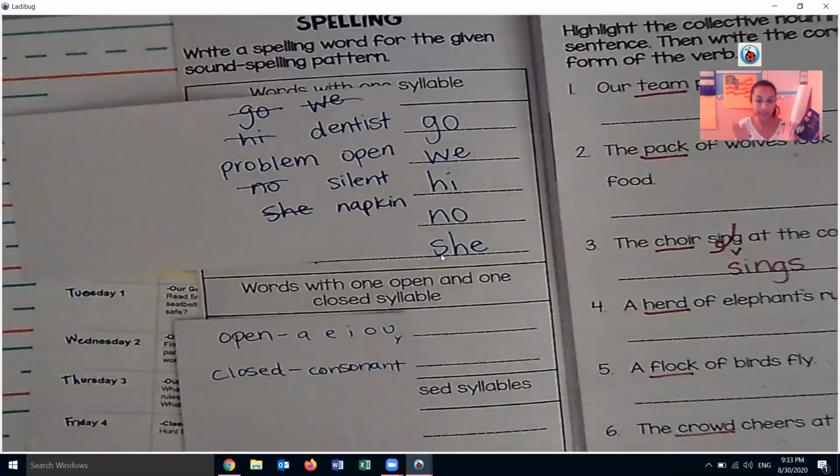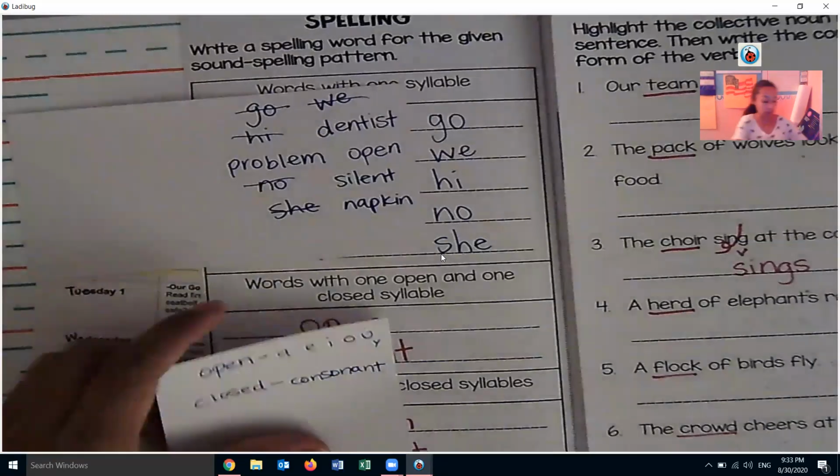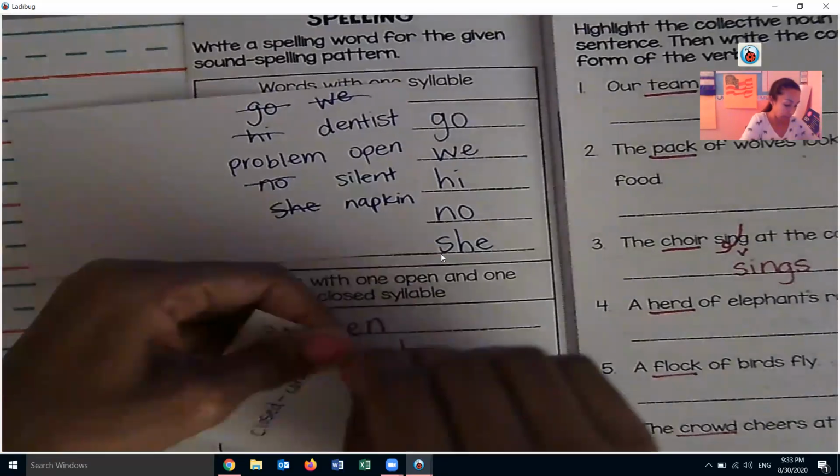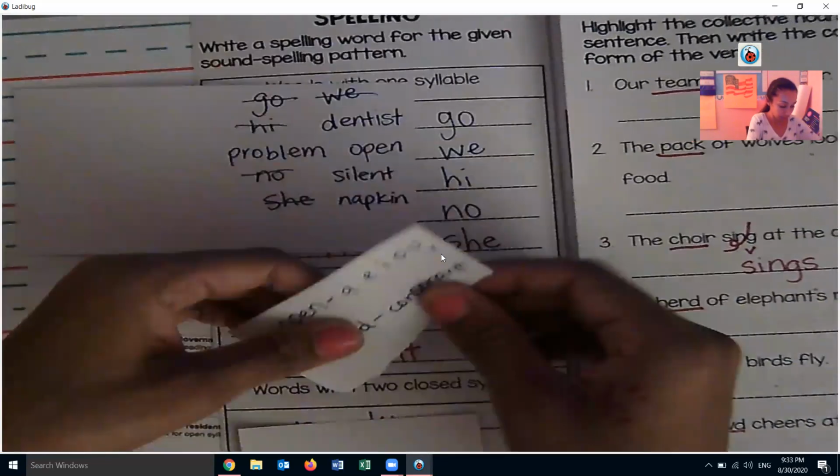So I would go dentist, dentist. Let me grab some, I don't have scissors handy. Let me go like this. Yeah, sorry.